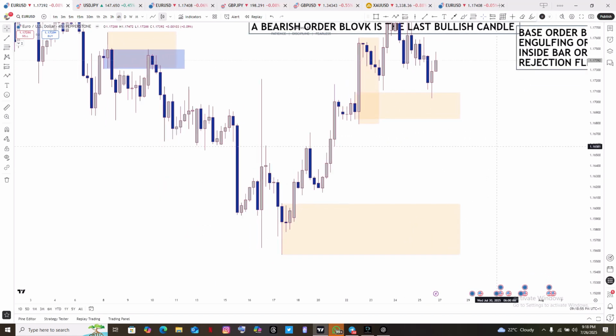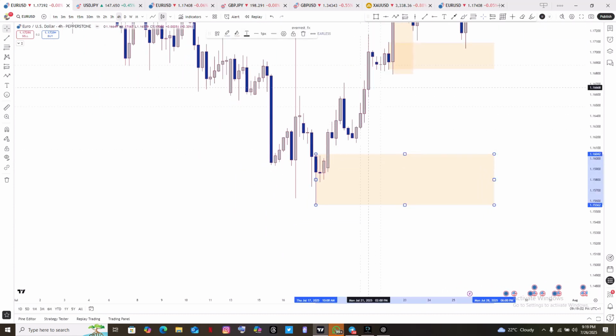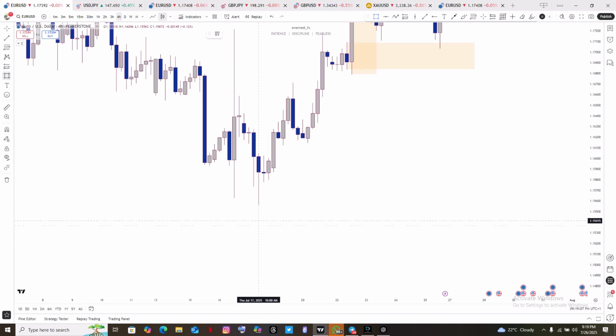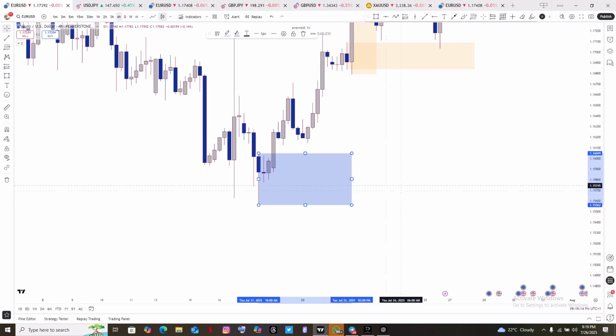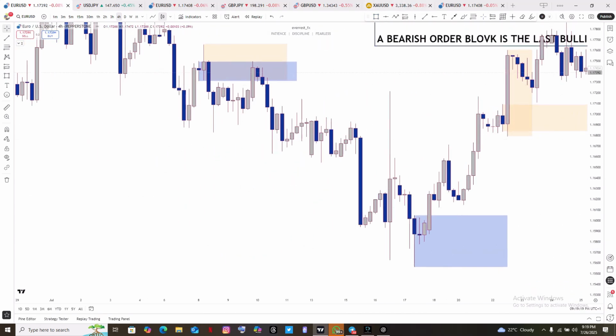Now, how do you mark an order block? First thing to do, if you want to mark an order block, let me delete this so that I can redo it again. You start from either the high of that particular candle to the low of that candle. You mark everything. This is how to mark an order block. This is another block.